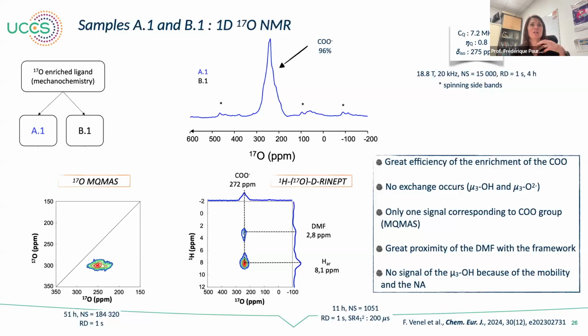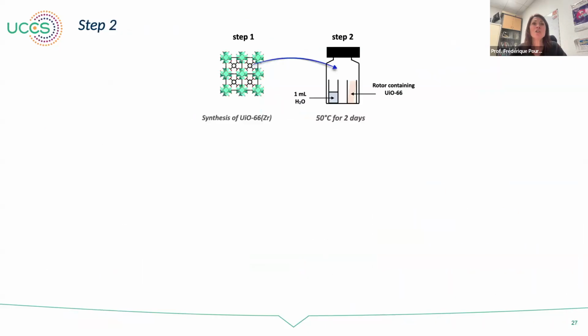with the high level, since we can do some 2D experiments. So step number 2 of the protocol was we put some water, like 1 milliliter of water that was not labeled, close to the samples of the UiO-66.